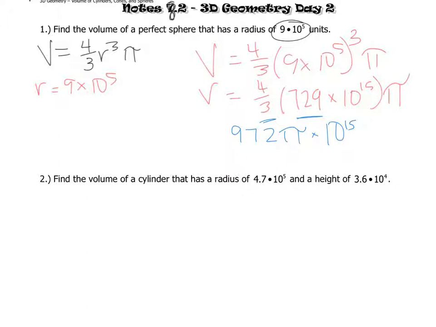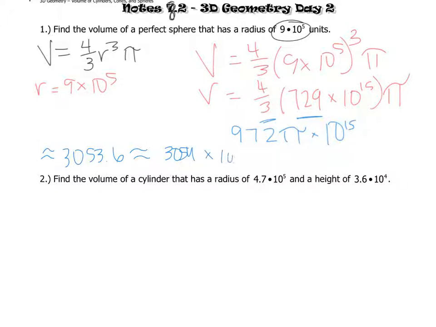So now we're going to take 972 and multiply it by pi. And we get a number that's about 3053.6, which is about 3054.